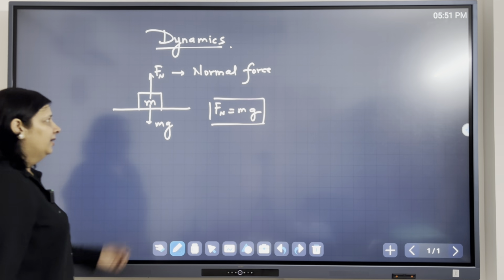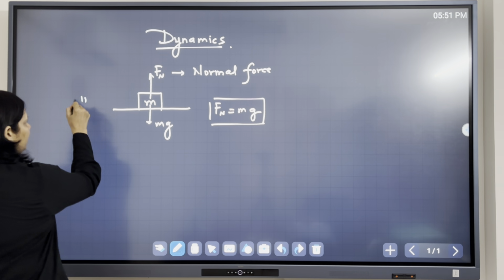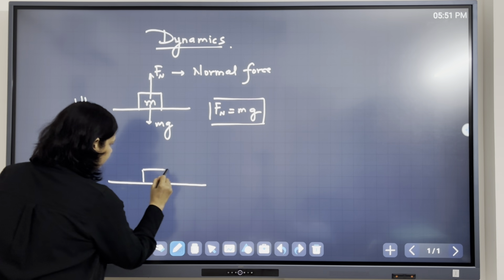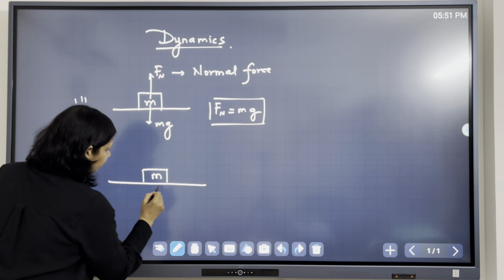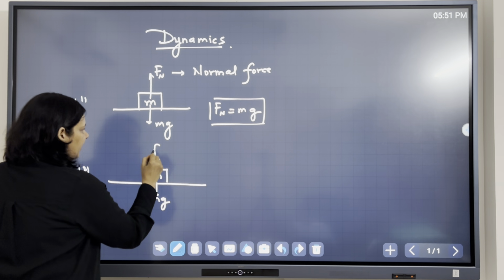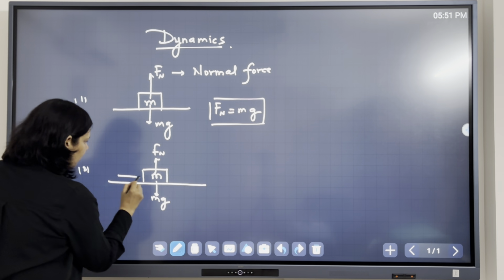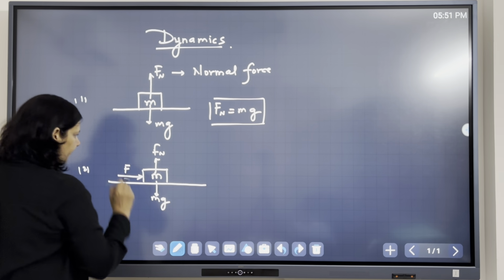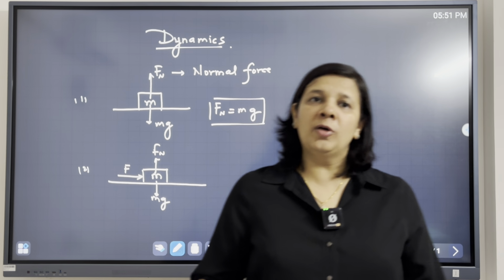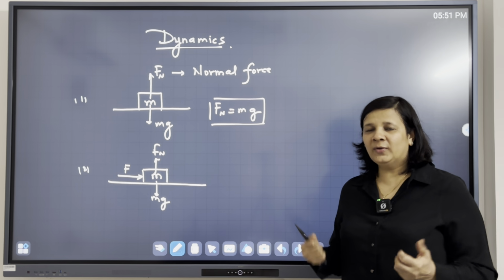Now if on this object there is another force which is acting horizontally, F. If I ask you how much is the normal force in this case, what will be your answer?